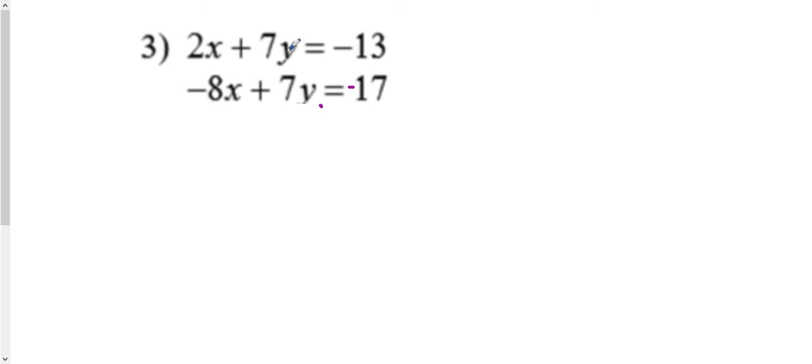We're going to subtract again, 7y minus 7y. So we have 2x minus negative 8x is 10x. 7y minus 7y is 0. 13 minus 17 is negative 30.